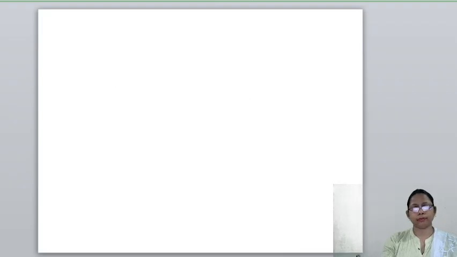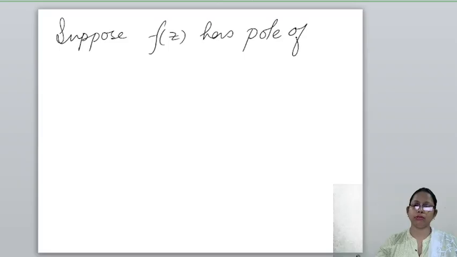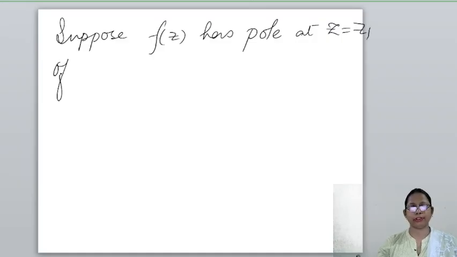Now, next, suppose f(z) has a pole at z equal to z1 of order m1.